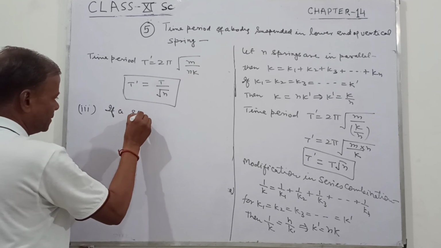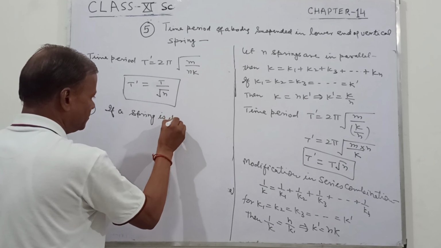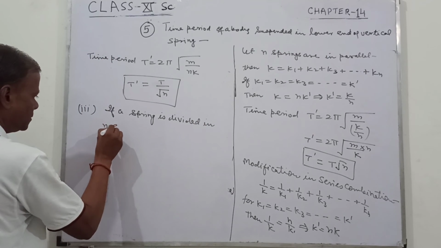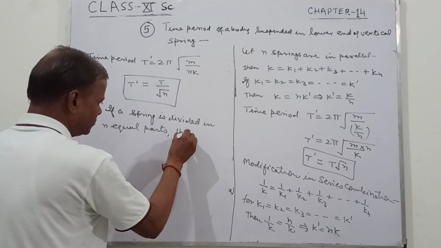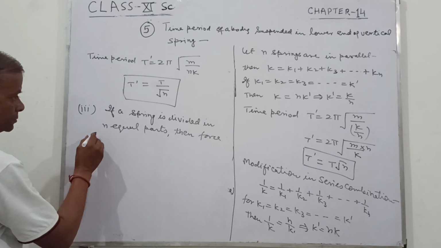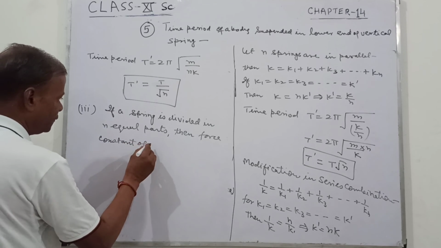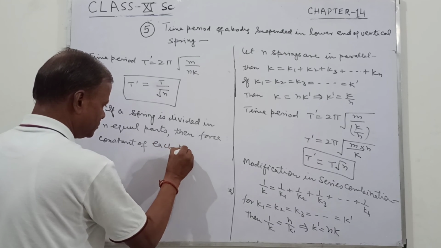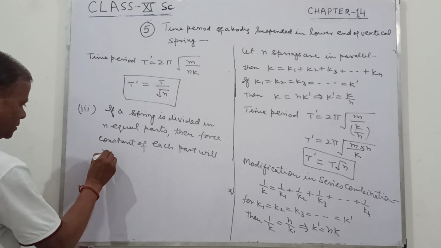If a spring is divided in n equal parts, then force constant of each part will be nk.